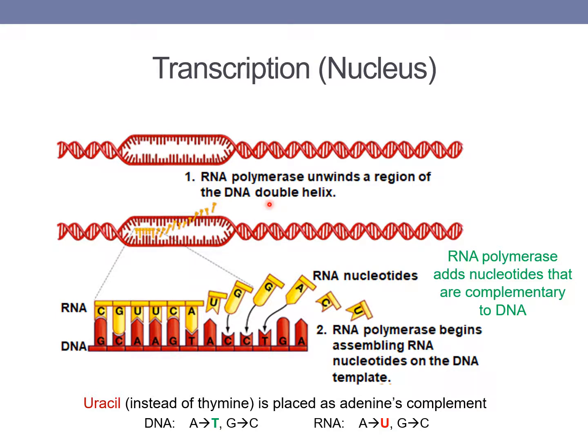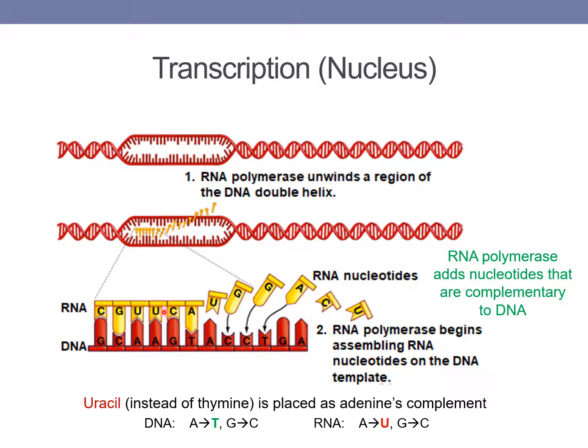So the RNA polymerase is going to unwind a region of the DNA double helix. Whatever gene has to be transcribed is going to unwind the DNA in that region.